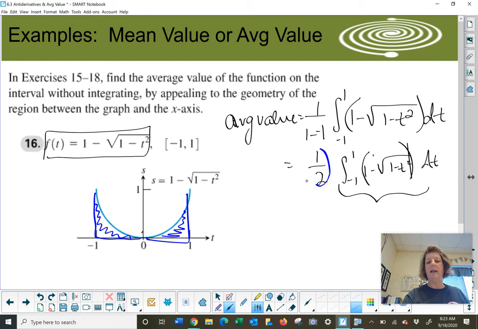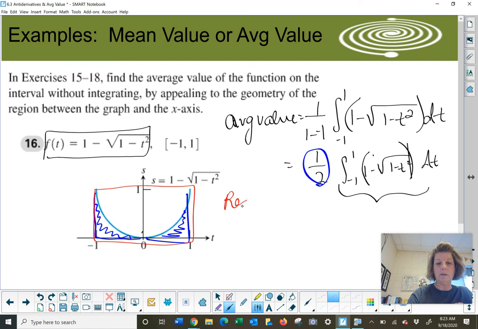And then we won't forget to do the average value of it. So I think what I'm going to envision is this outer rectangle that is 2 units wide by 1 unit high, giving me an area of 2.